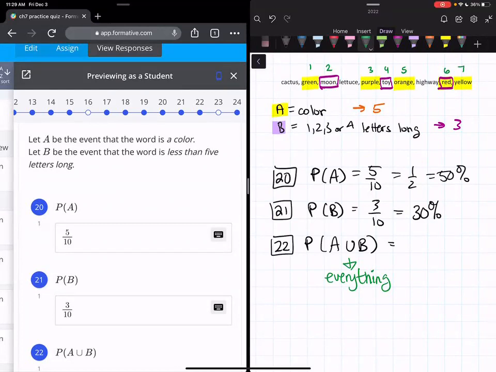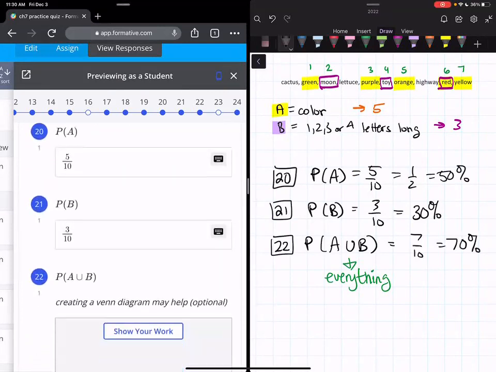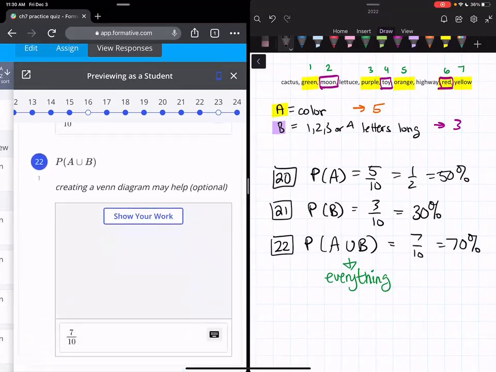Do you agree there are 7? So there are 7 that are a color and or less than 5 letters long. And again, if you want to write that as 70%, you may. I gave you a spot to put things if you wanted it.